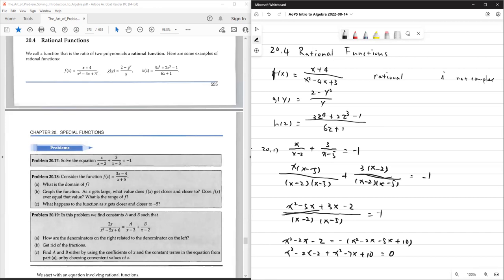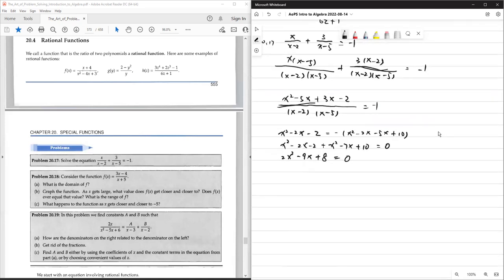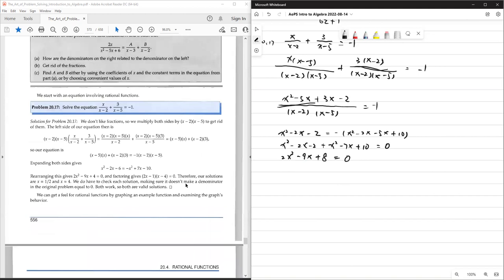Okay, now we simplify to 2x squared minus 9x plus 8 equals 0. Now it just becomes a polynomial function, right? All right, so how do I end up with, oh, this is not minus 2, this is minus 6. There we go. That's where I got it wrong.